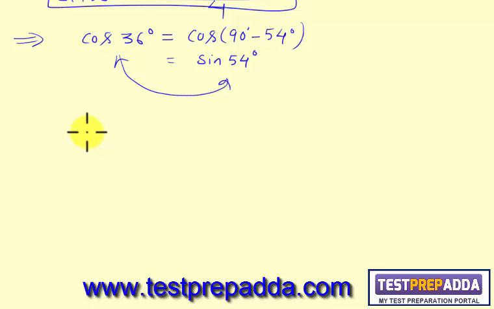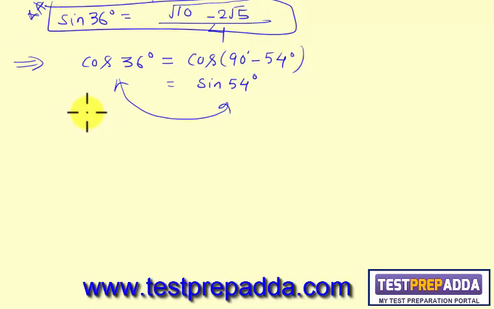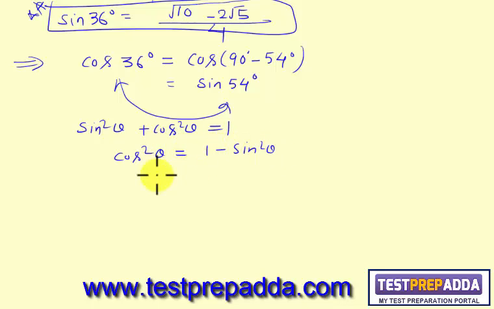Okay, how do we find that? Again, as I told you, if you know sine theta, you can easily get cos theta. I know sine square theta plus cos square theta is equal to 1. So cos square theta will be 1 minus sine square theta. So cos 36 degree will be root of 1 minus sine 36 degree square. 36 degree lies in the first quadrant, so the value will be positive here.